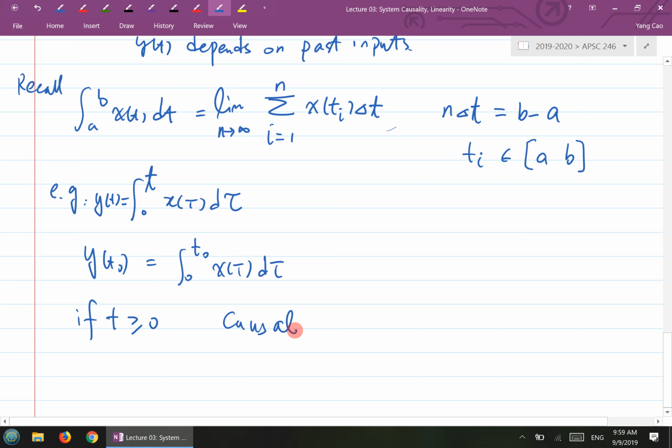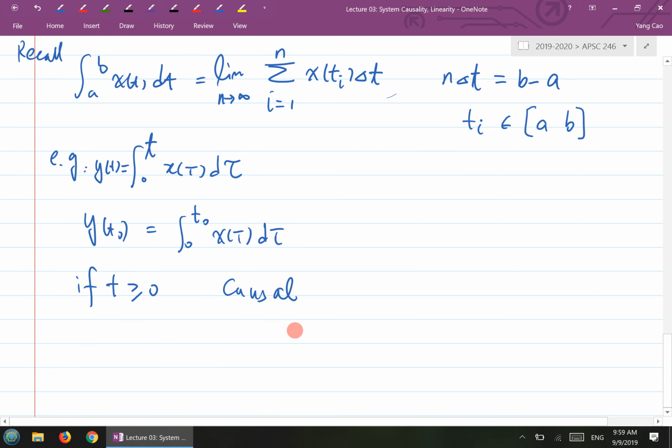It doesn't involve anything from the future. But if t is less than 0, let's say for example t is negative 3, then what happens? If t is negative 3, I put negative 3 here.